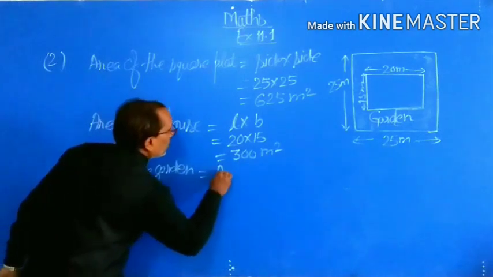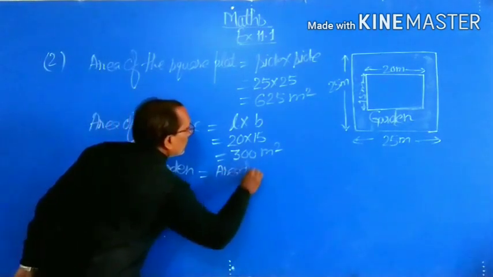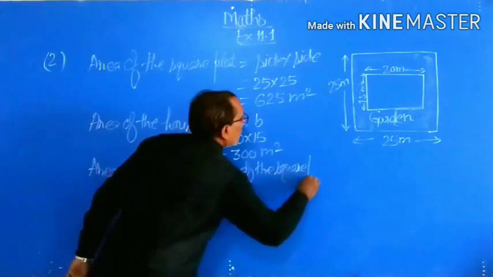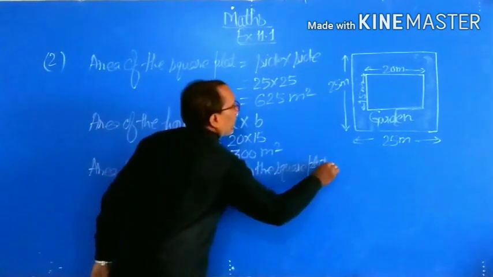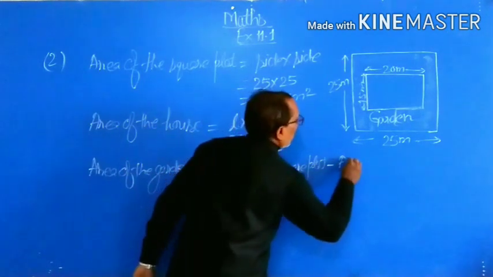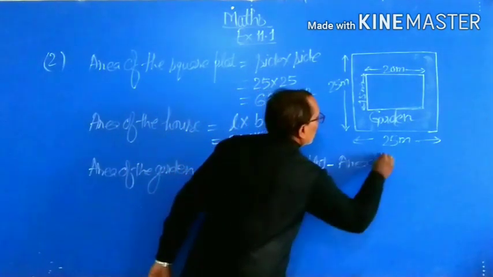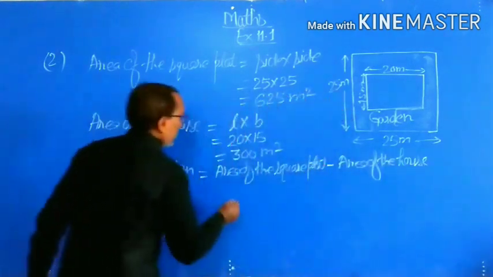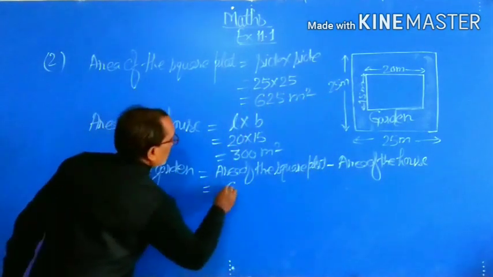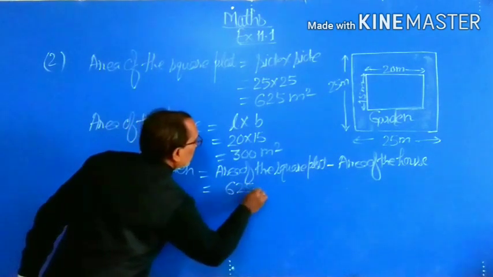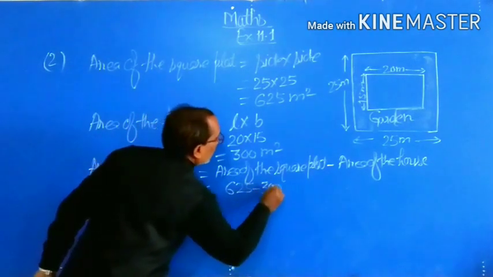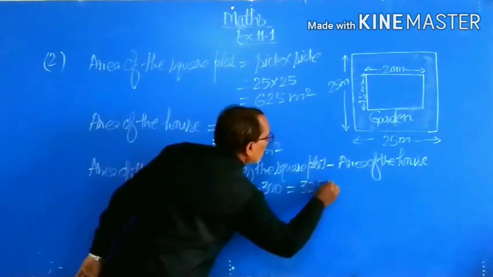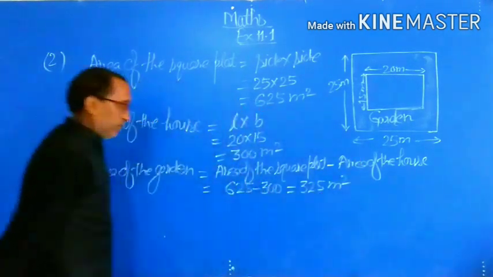Then area of the garden is equal to area of the square plot minus area of the house, that is equal to 625 minus 300 is equal to 325 meter square.